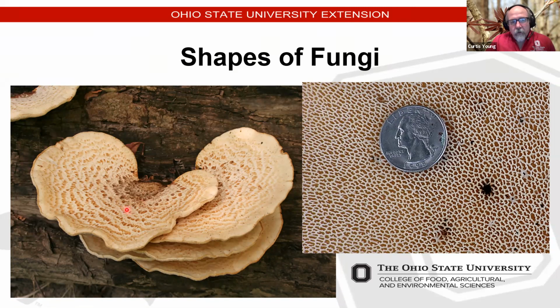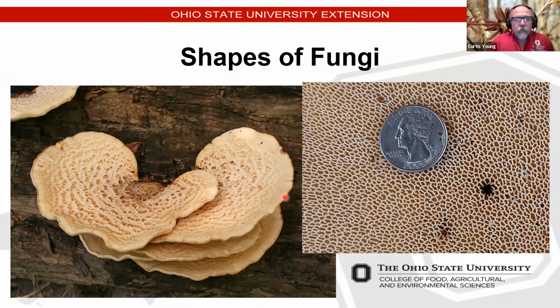It is considered edible, but typically you have to get them fairly young to be able to consume them very easily. The underside, the pores on this particular one are much larger and much easier to see with the naked eye. The coin is there for size comparison, so you can see how big those pores are.